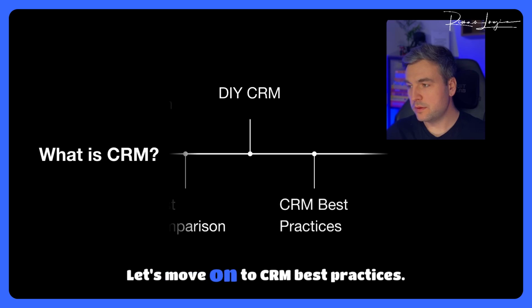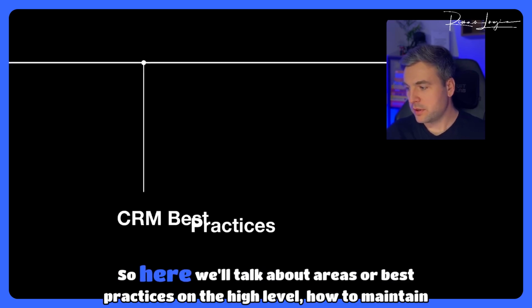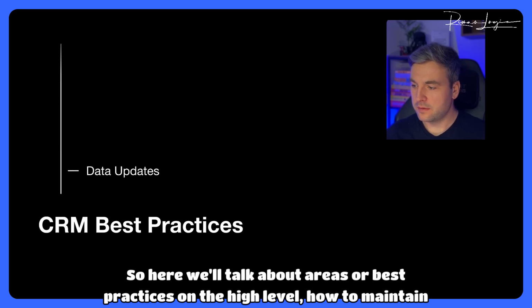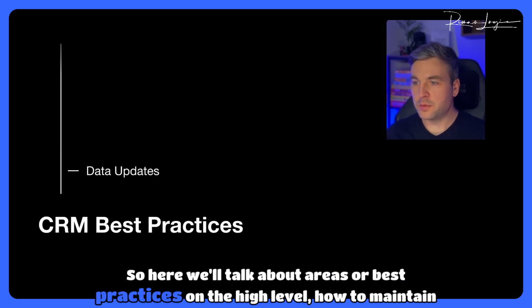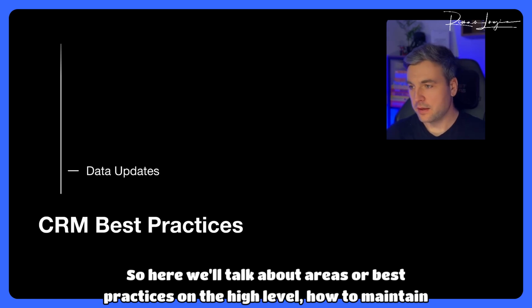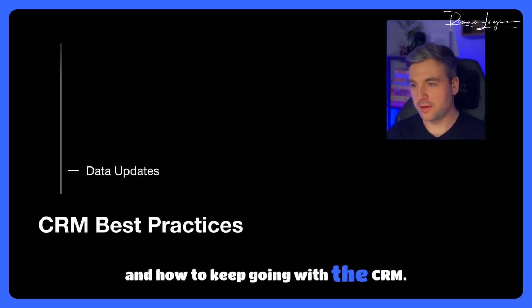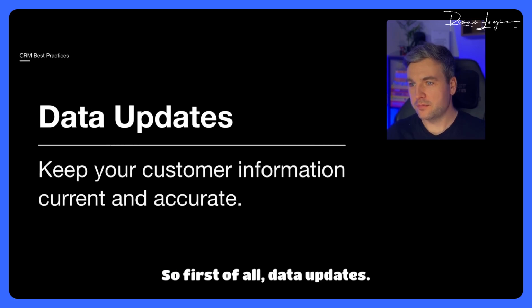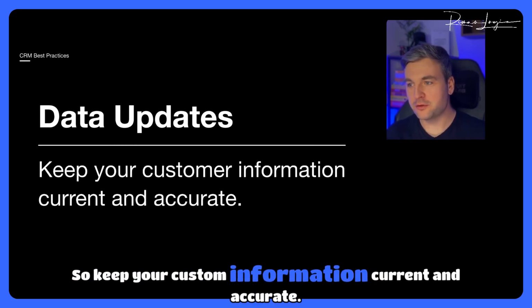Now, let's move on to CRM best practices. Here we'll talk about areas or best practices on a high level: how to maintain and how to keep going with the CRM. First of all, data update. Keep your customer information current and accurate.